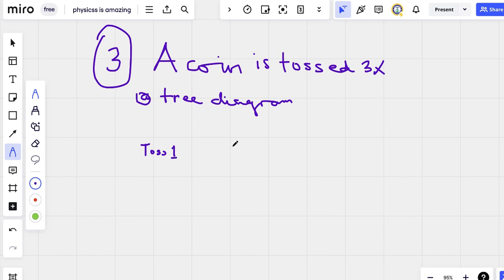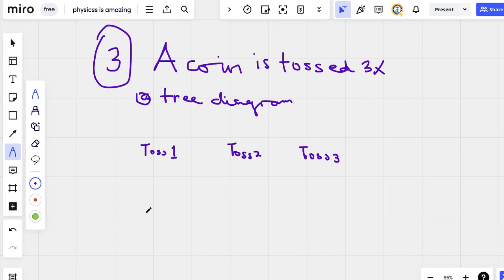The first toss, we call it Toss 1. The second toss, we call it Toss 2. And the third toss, we call it Toss 3. So we give these headings: Toss 1, Toss 2, Toss 3.